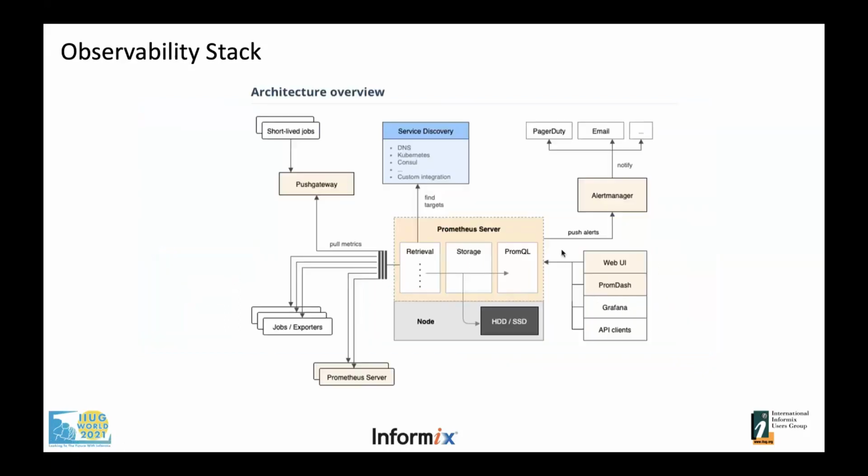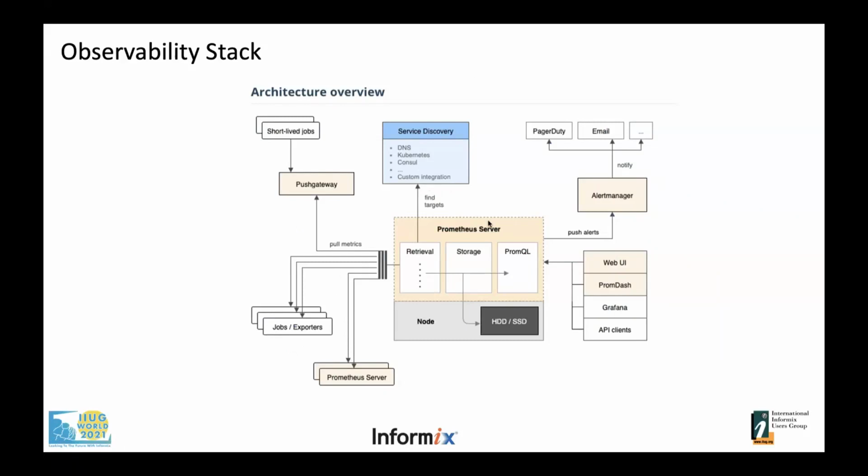This is a basic architecture which I have pulled from the Prometheus website. There are jobs or exporters running, which expose the metrics on a port, and based on your product, you could either pull the metrics from the target database server, or you can push the metrics.